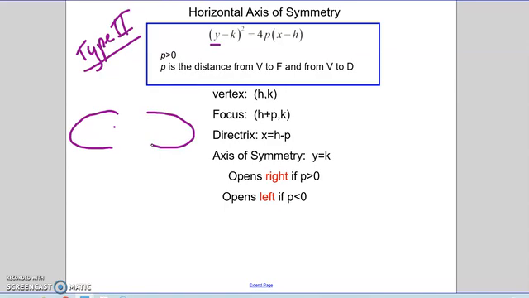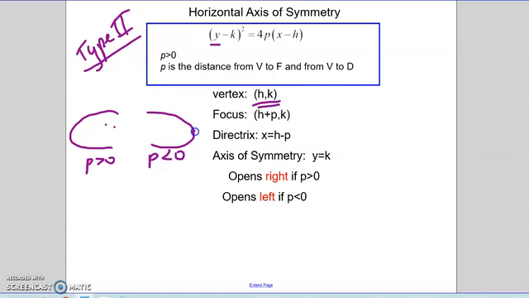If the p-value is greater than 0, then it looks like that, it faces right. If the p-value is less than 0, then it faces to the left like that. So the vertex is still going to be at h, k.